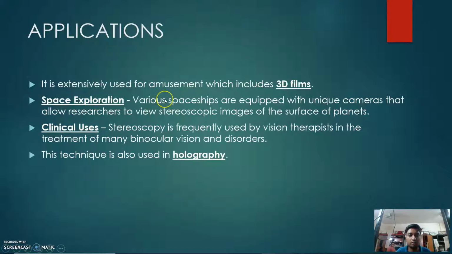In space exploration, spaceships are equipped with special cameras which take stereoscopic images of the surface of planets or any object present in space. In clinical uses, therapists use special cameras for treatment of binocular vision disorders. It is also used in holography.